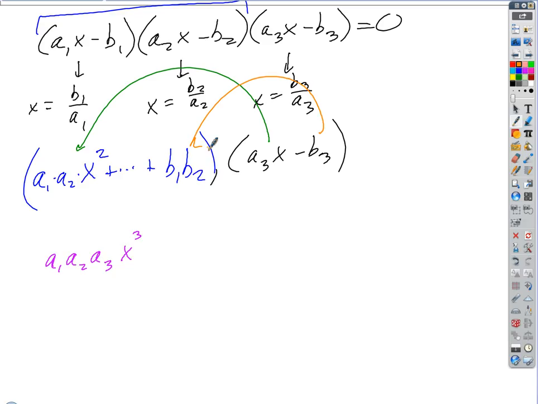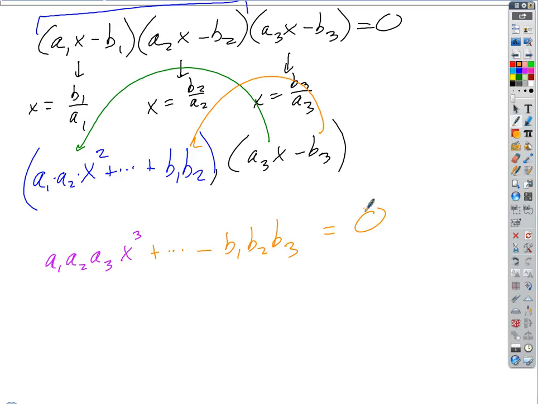Yeah, so I'm going to get some stuff in the middle I don't care about, and then at the end I'm going to get a negative b sub 1, b sub 2, b sub 3, right? And all of that is going to equal 0.